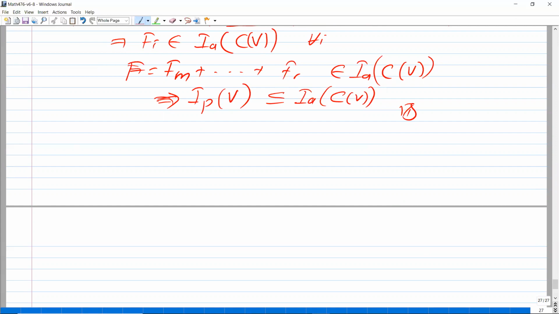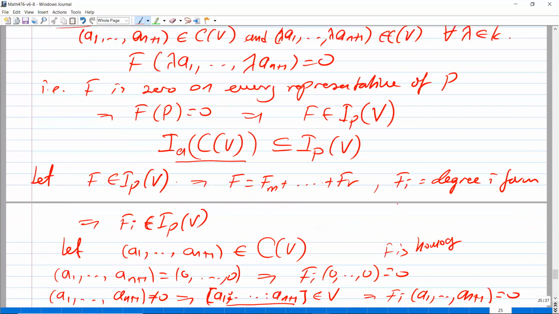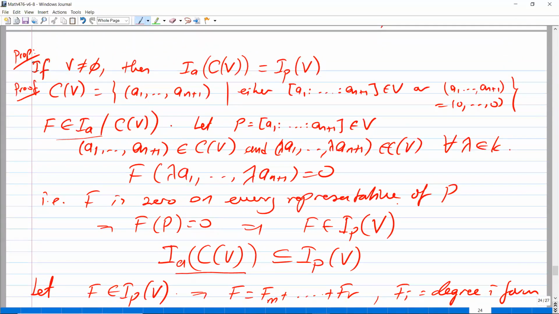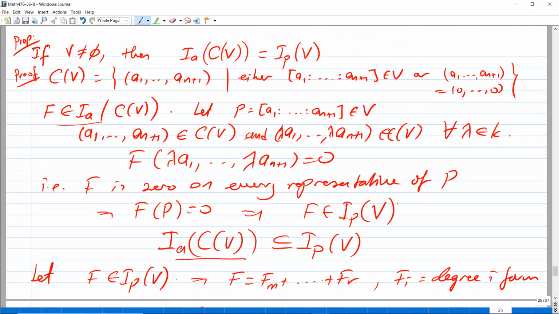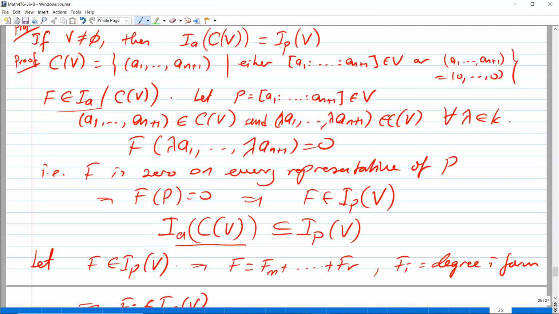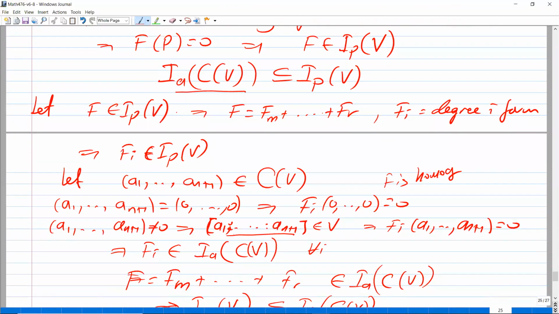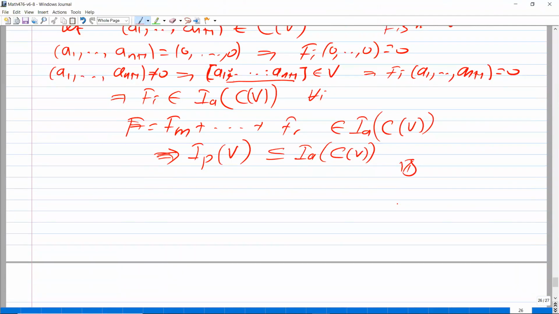What did I use here? Where did I use the fact that V is not empty? If V is not empty, then CV is not empty. If V is empty, then CV is only 0. So I leave that case to you. You should think about it.